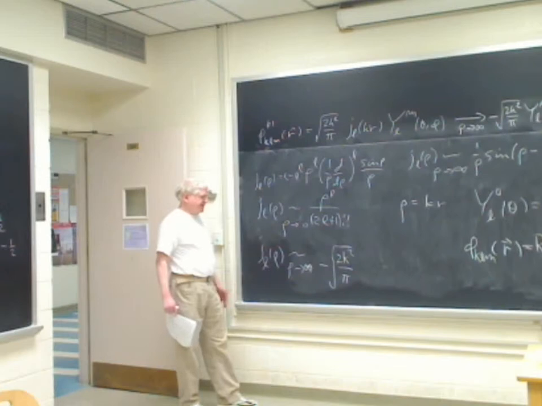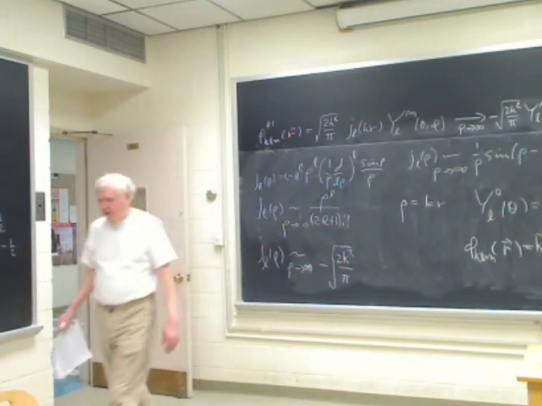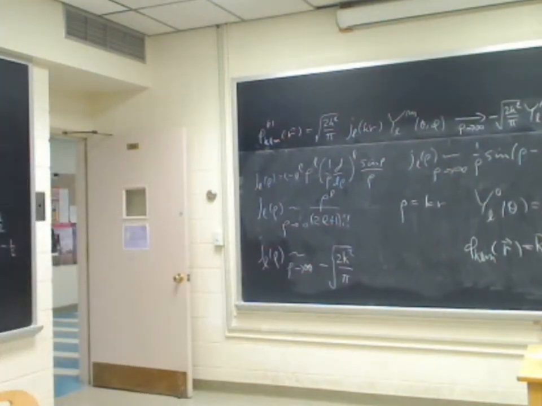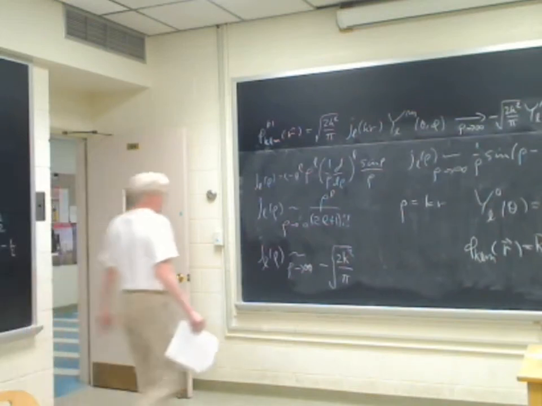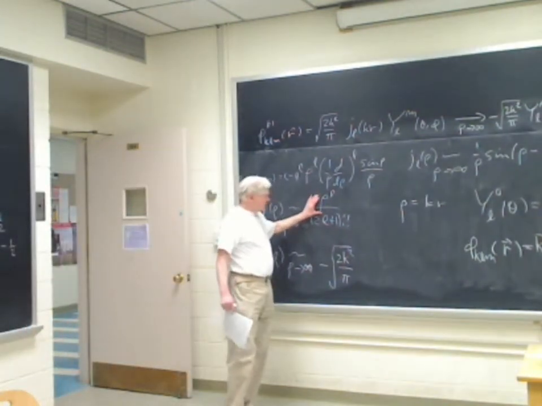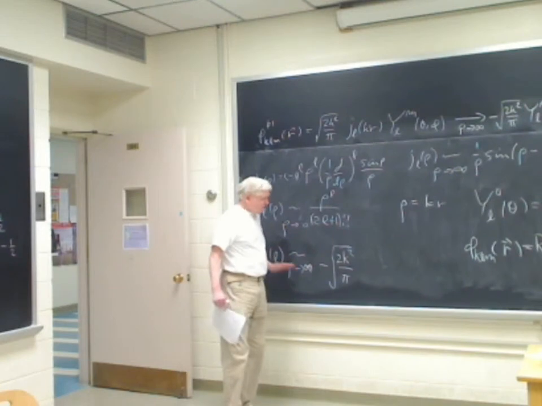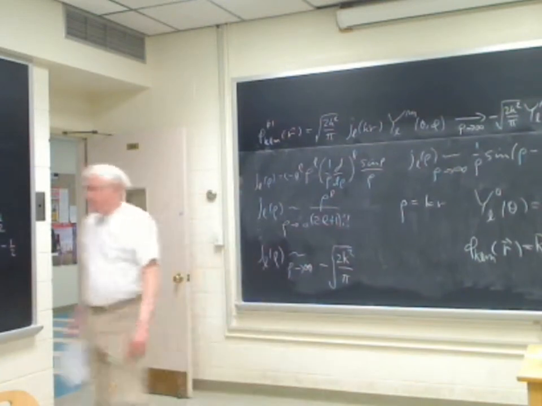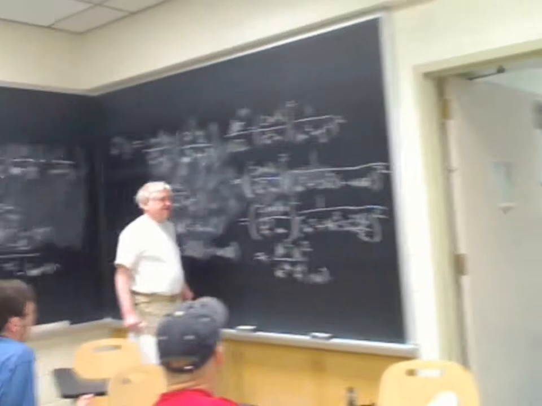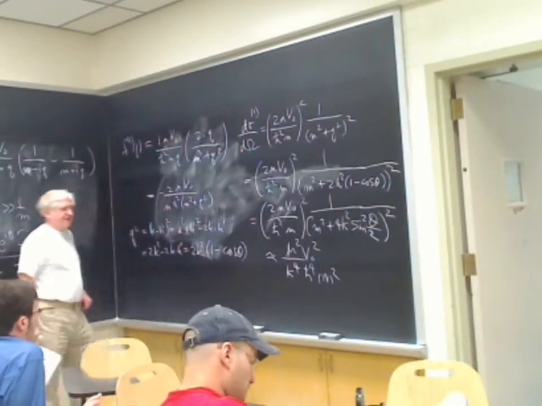So at very low energies, what you're going to get is the L equals 0 wave, because the L equals 0 wave is already big at the origin, but the L equals 1 wave goes up linearly. The L equals 2 wave goes up quadratically. So at low energies, you're going to have isotropic scattering.